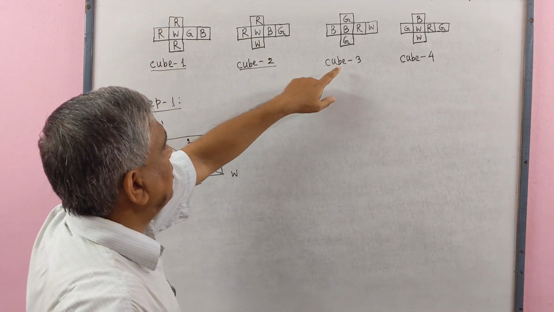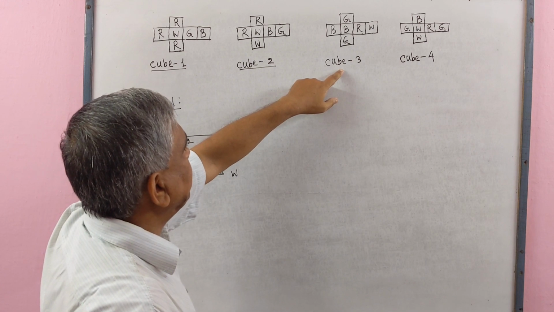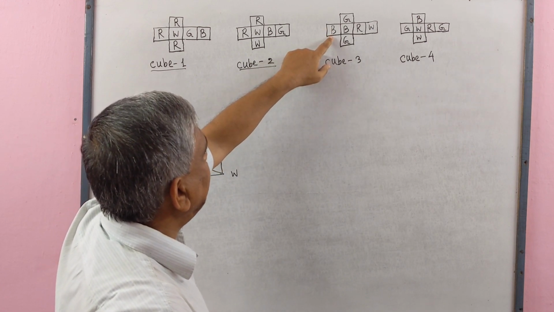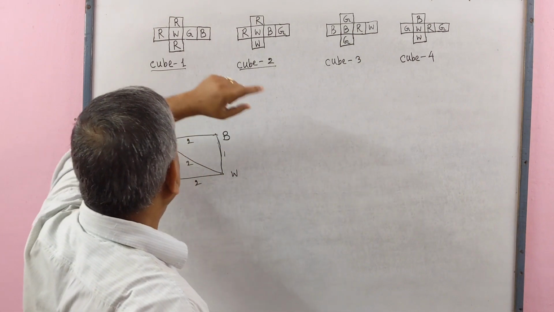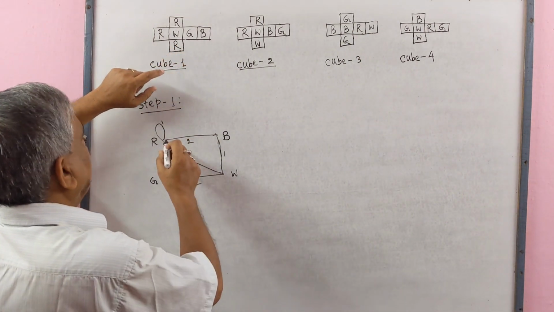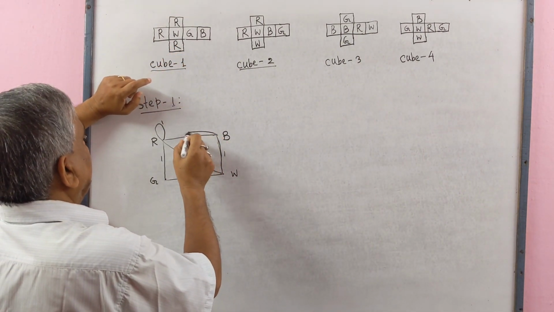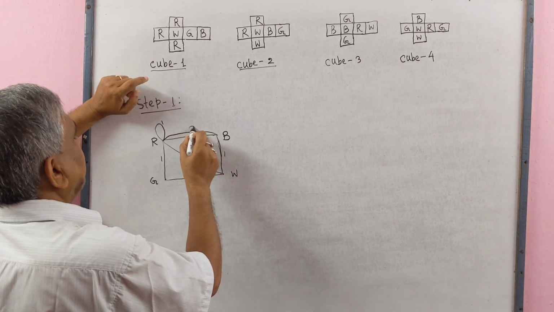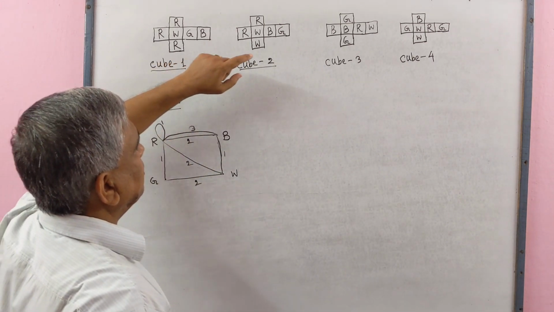Now we draw the graph for cube 3. The left face is B and the right face is R. We join BR. This is number 3 for the third cube.